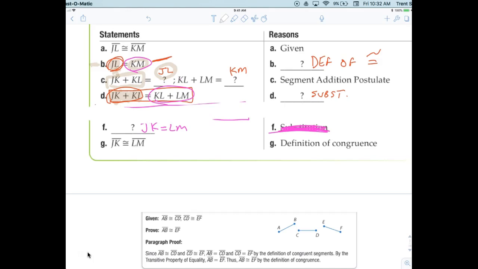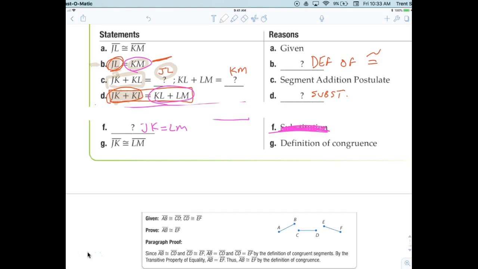Is everybody good on this? Yes. I don't understand why F is subtraction. Isn't that what E is, or do we just completely get rid of it? I can completely get rid of it. You hear me? Because again, I'm trying to make it make sense for you. If I'm at this step and I go to this step, what did I do to get from this step to this step?